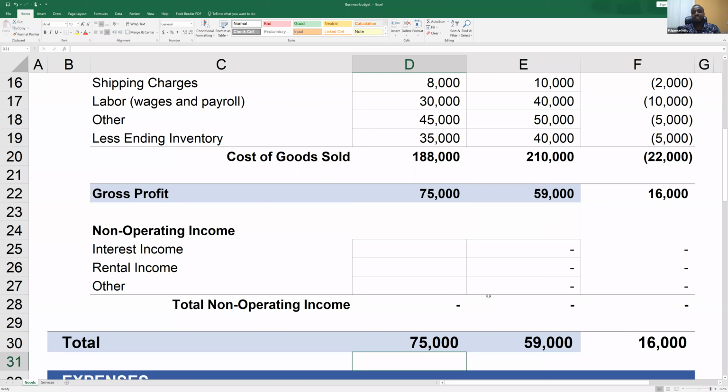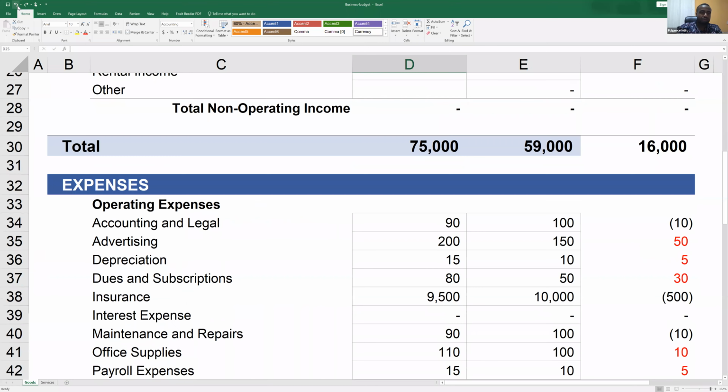So in case you have interest income, you can add your interest income of 1,000. So it will increase your profit, right? And remember, if you're having an interest income, you're supposed to have an expense related to interest. So we'll have the total there, the total gross profit.